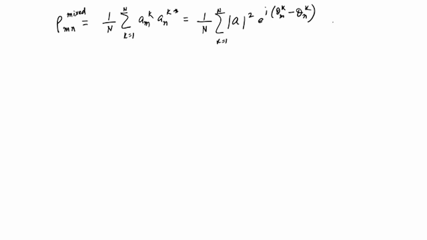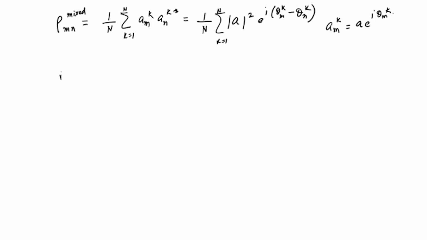So, what we have written as the A_mk is written as A into exponential i theta_mk, and there is a phase factor, and this tells you that this is an incoherent superposition of all these phases, all these basis states.